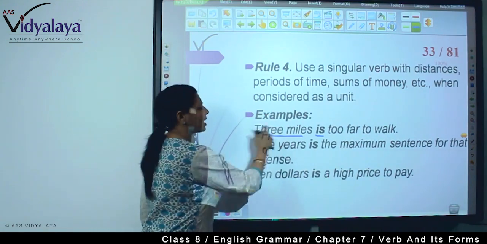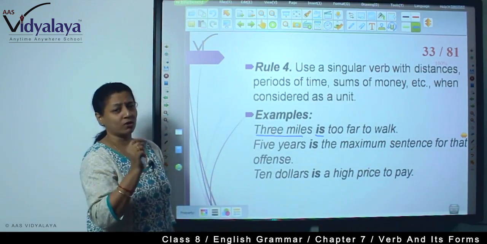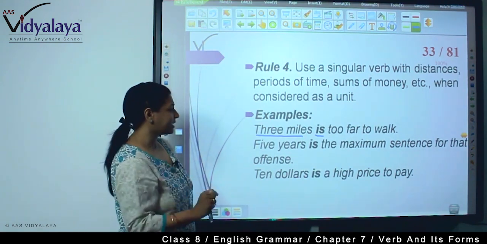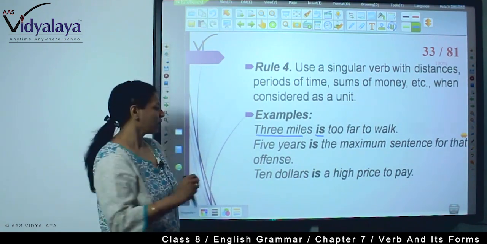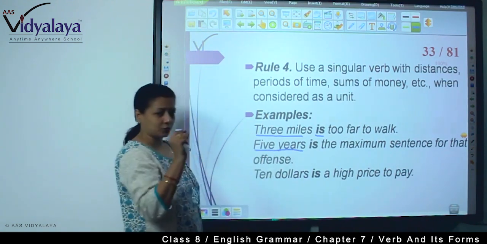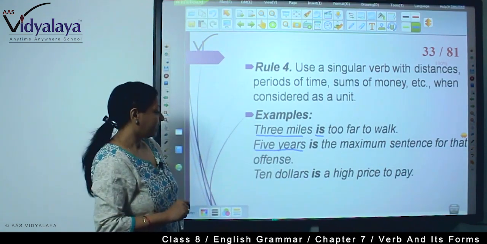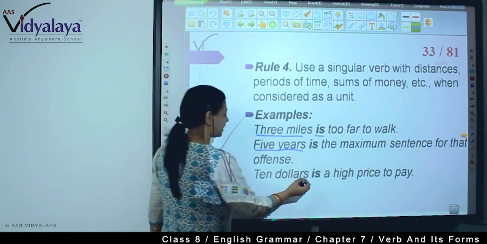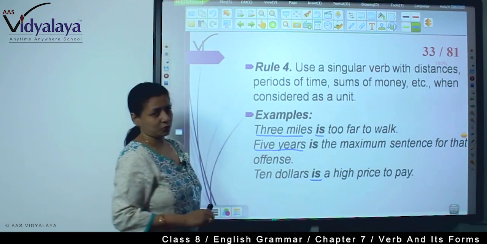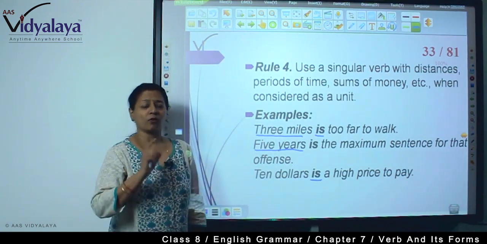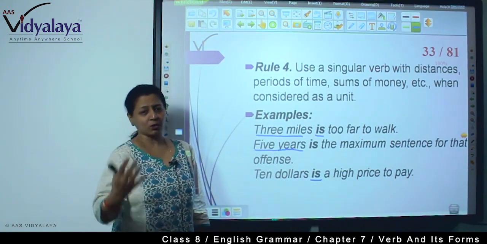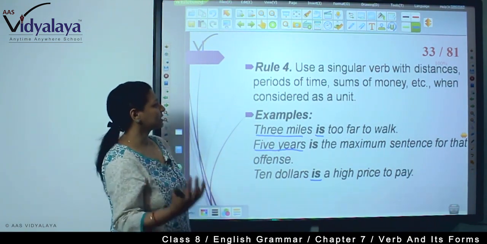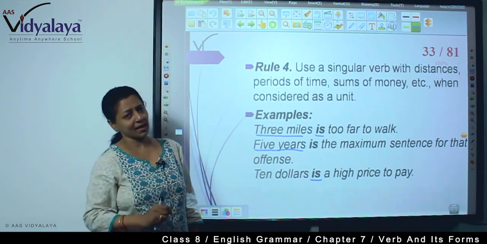You are taking three miles as a unit, so your verb is "is." "Five years is the maximum sentence for that offense." Five years you are taking as a unit, so the verb is "is." "Ten dollars is a high price to pay." Here, ten dollars we are taking as a unit, so it is "is." Always remember in what context you are using the words related to distance, periods of time, sums of money, etc.